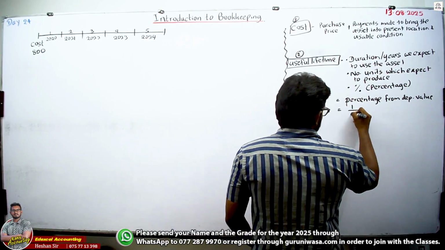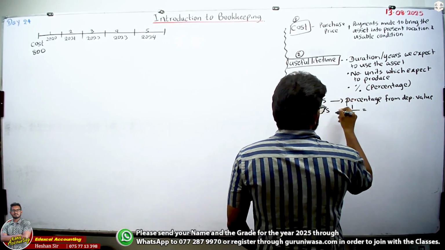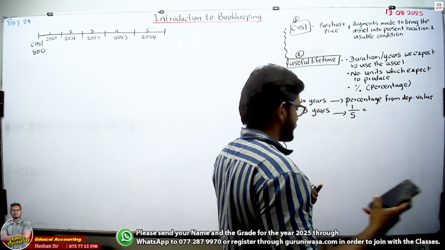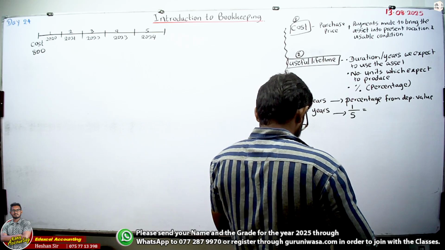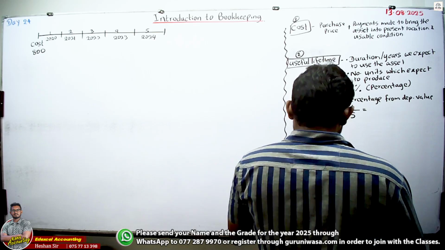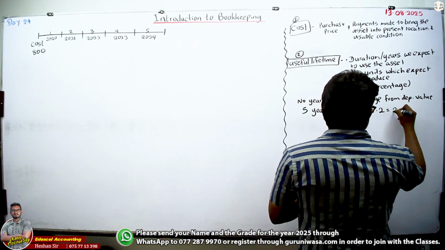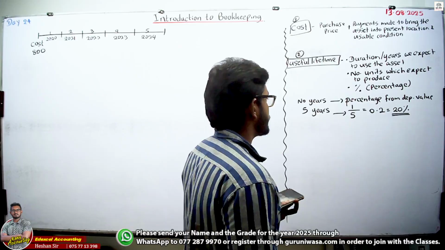1 upon 5, which means 1 divided by 5, which is 0.2. 0.2 means 20% once you multiply by 100.